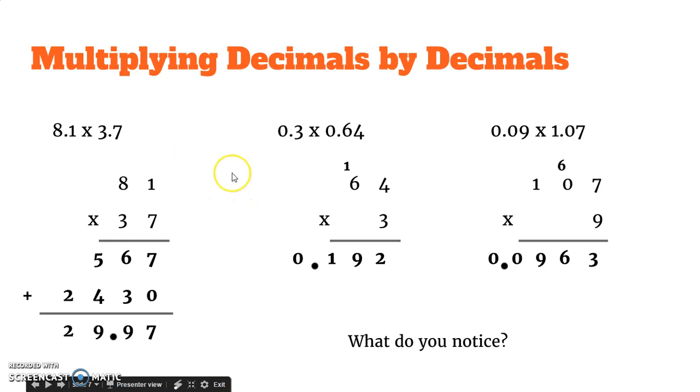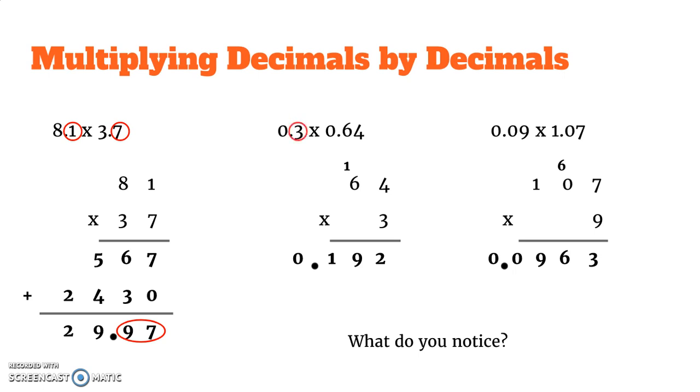Okay. So let's take a look at our what did you notice question. If we look back at our problems, in the first problem I had one number behind the decimal in both factors, tenths and tenths, and I ended up with 2 numbers behind the decimal in my product. Tenths times tenths is hundredths.